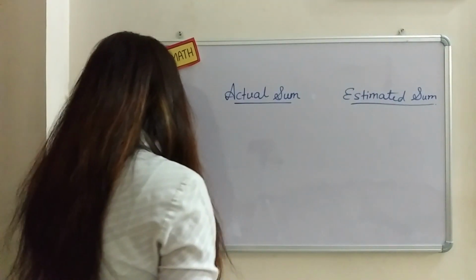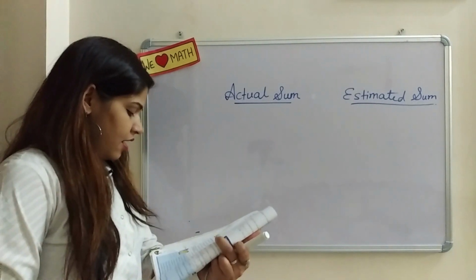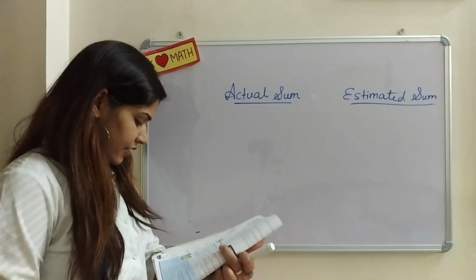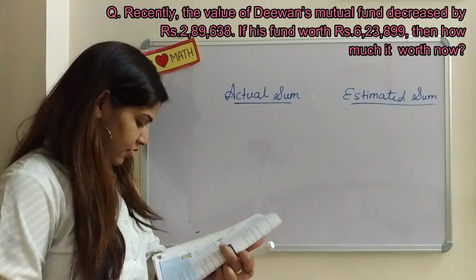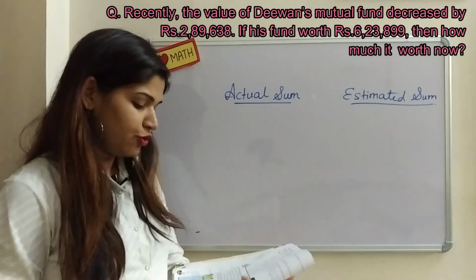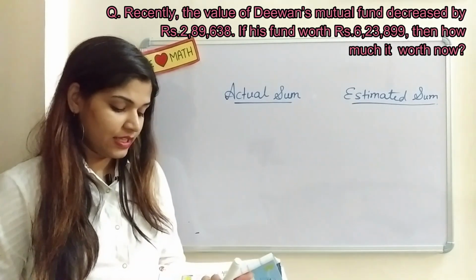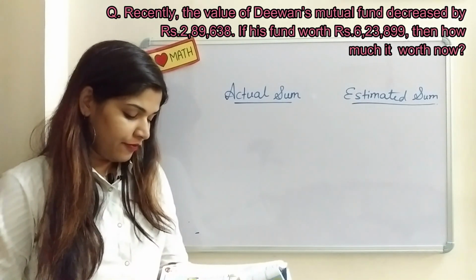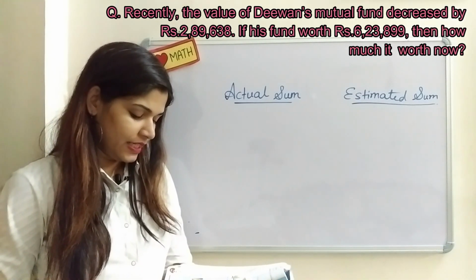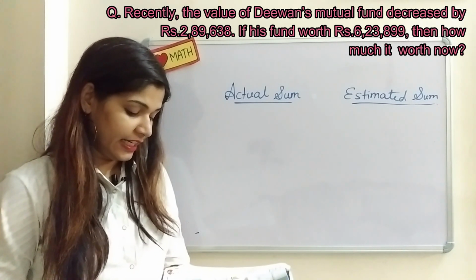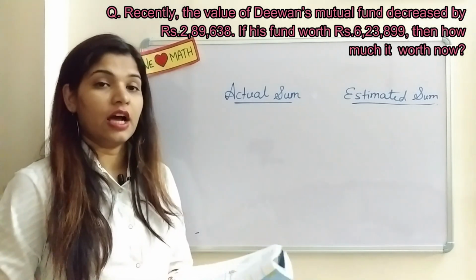Okay, so the next question is, recently the value of Divan's mutual fund decreased by 2,89,638. If his fund was worth rupees 6,23,899, then how much is it worth now?